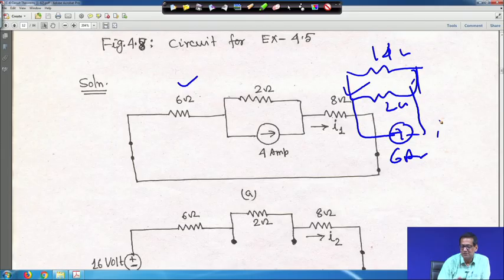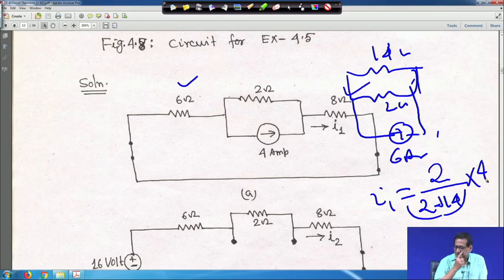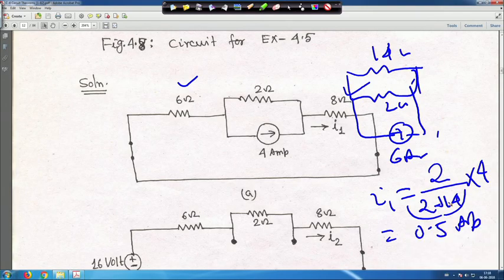So, what will be I 1? It is the current division method only. I 1 will be 2 divided by 2 plus 14, into 4 ampere. So, it becomes 4 by 16, which is half, so 0.5 ampere. So, I 1 will be 0.5 ampere.